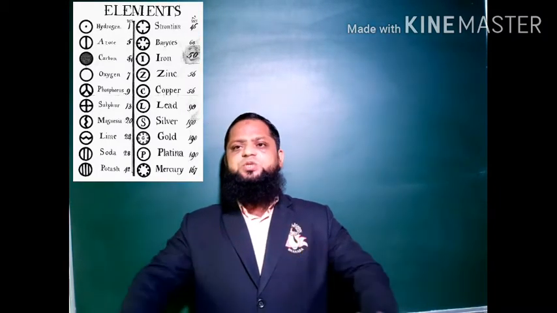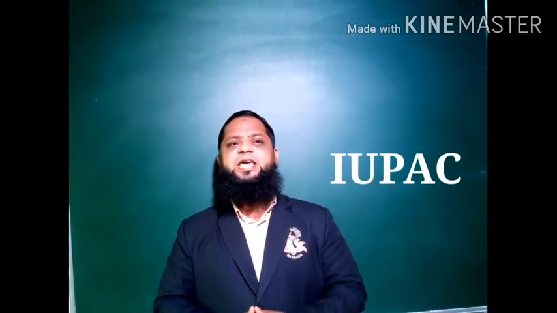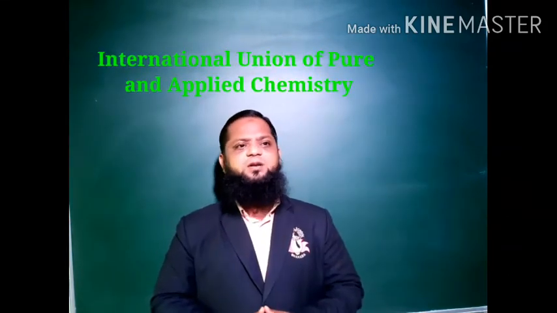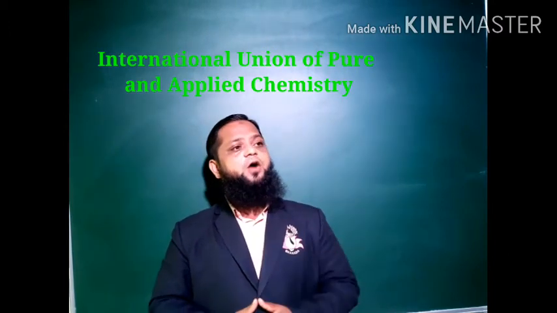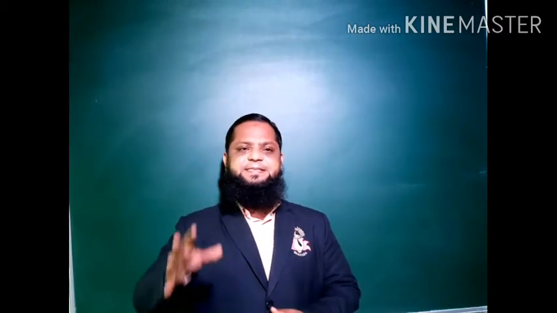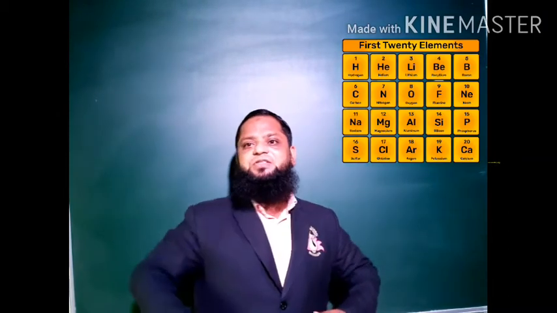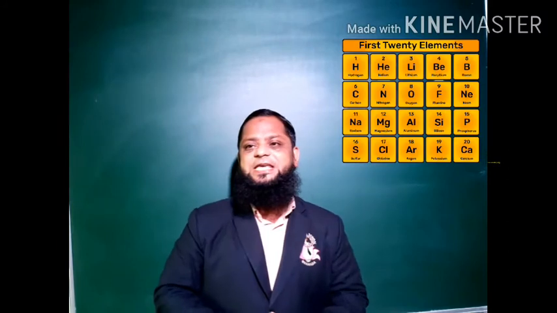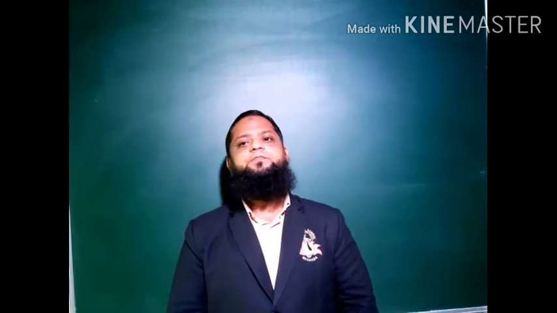Today we use the symbols determined by IUPAC, the International Union of Pure and Applied Chemistry. These are official names and symbols and are used all over the world. The current method of choosing chemical symbols is based on the method invented by Berzelius.